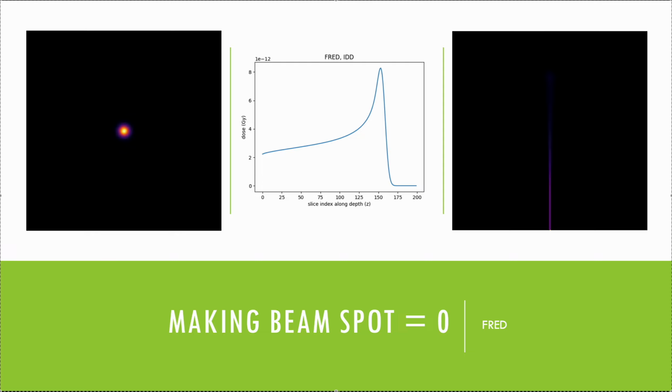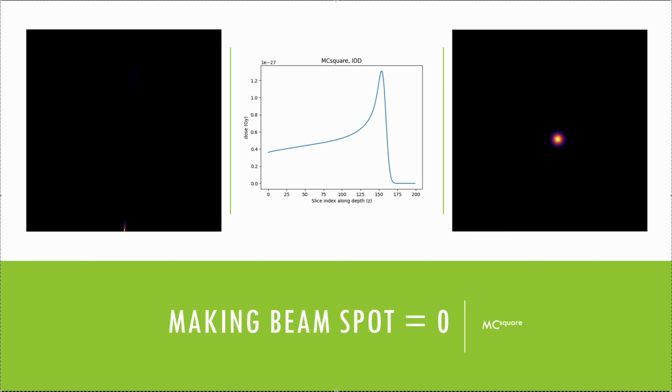In Fred, you can explicitly mention and change the beam shape and size directly in the code. But in MC square, it's not quite as direct. You have to tweak the BDL file, the beam data library file, to change the spot size and the divergence.